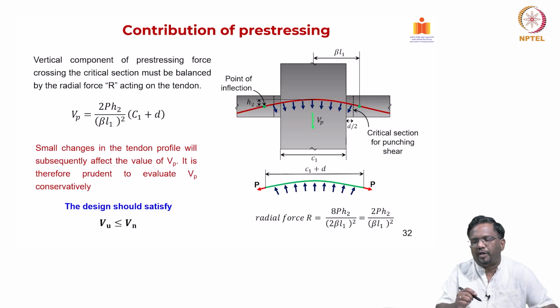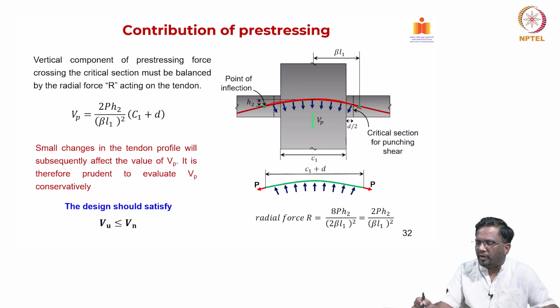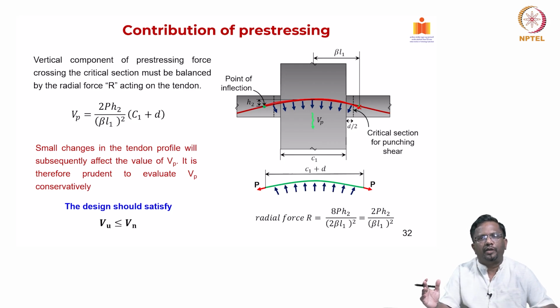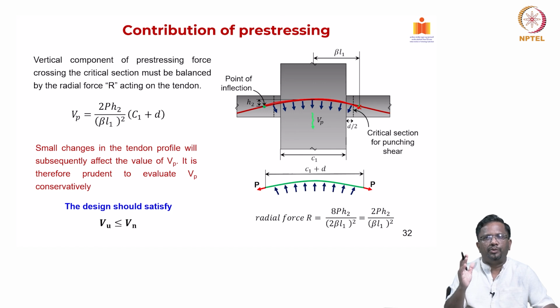Okay. Now the vertical component, we have seen that close to the support you will have this kind of a reverse parabola, and we know that the vertical component is proportional to the slope change that is happening from the cable profile, right. So for a parabolic cable profile, at each location you will have a unit vertical component that will come, right.